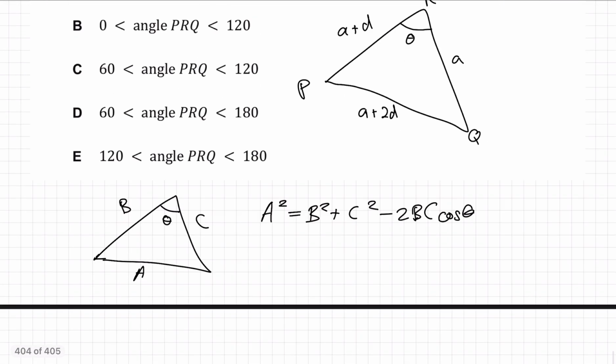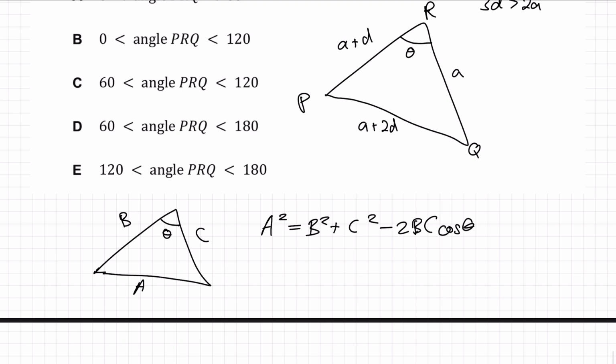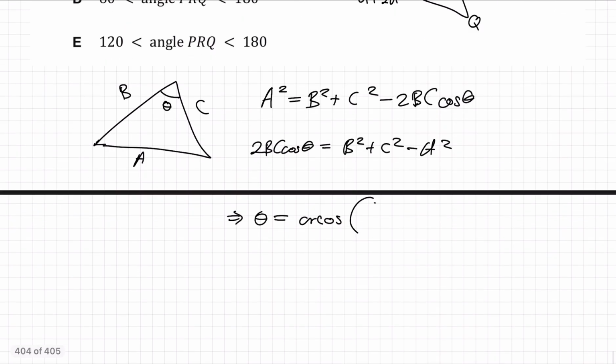So we can apply the cosine rule on this triangle here. Actually, let's rearrange this for theta first. I'll just move the 2bc cos theta to the left side and move the a squared to the right side. Then I'll divide by 2bc and take arccos of both sides as well. That will give us b squared plus c squared minus a squared over 2bc.